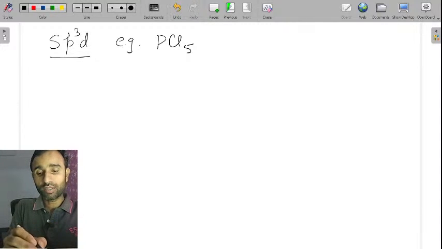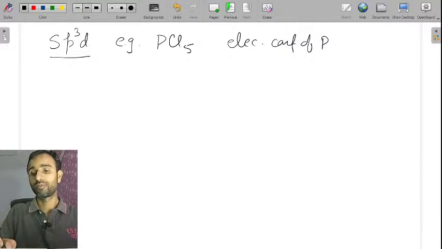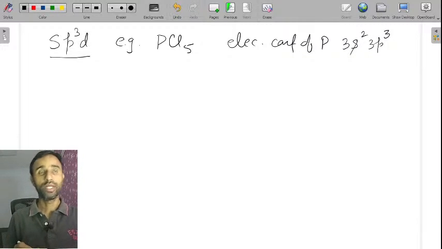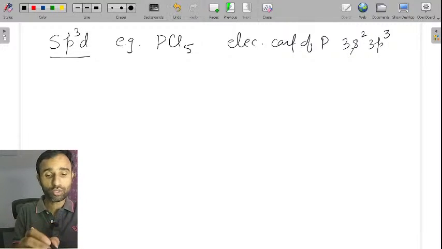Now what is the electronic configuration of phosphorus? 3s2 and 3p3. So we need 5 unpaired electrons because phosphorus is going to form 5 bonds with chlorine.